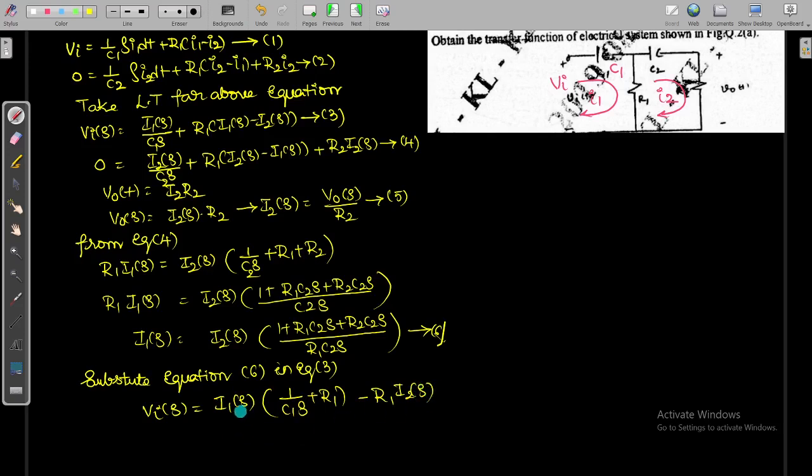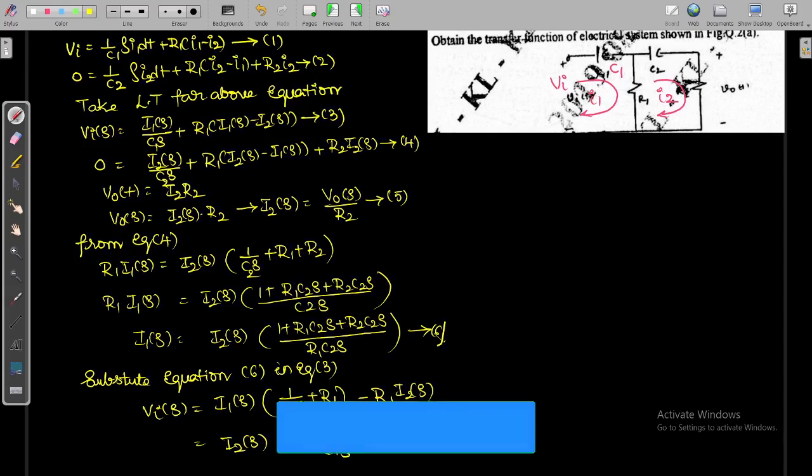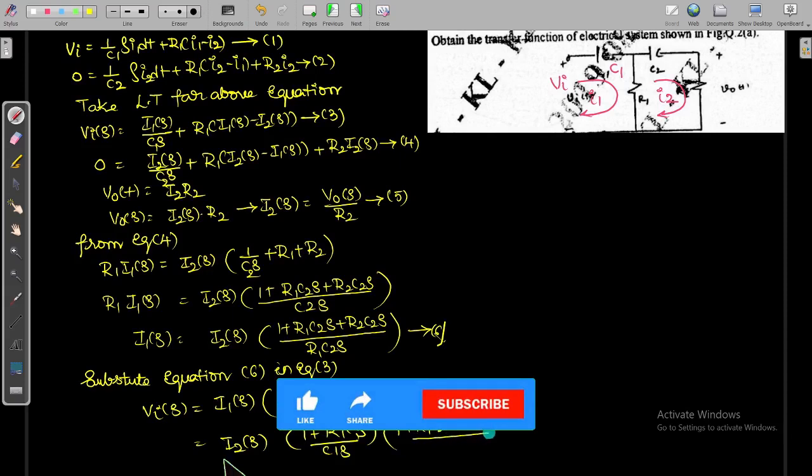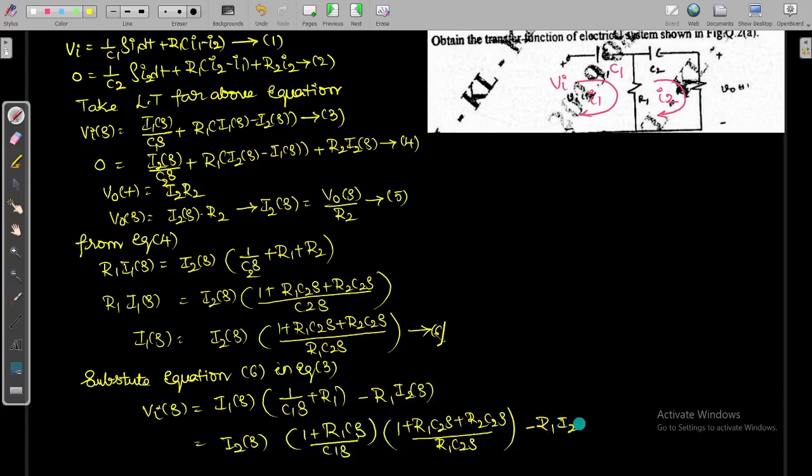In place of I1 of s we substitute this equation. So we get I2 of s into 1 plus R1 C1s divided by C1s into 1 plus R1 C2s plus R2 C2s divided by R1 C2s, minus R1 into I2 of s. So completely the I2 of s terms are there.